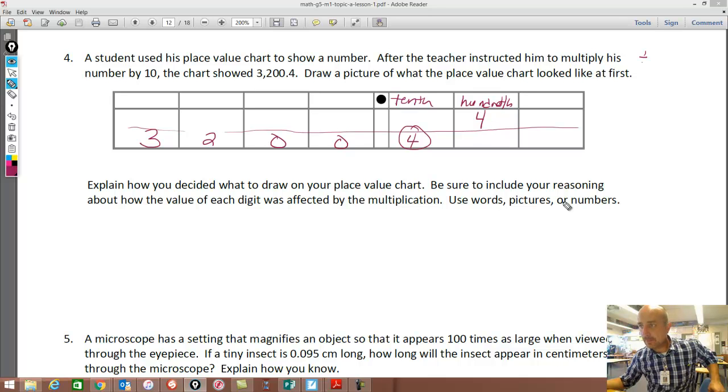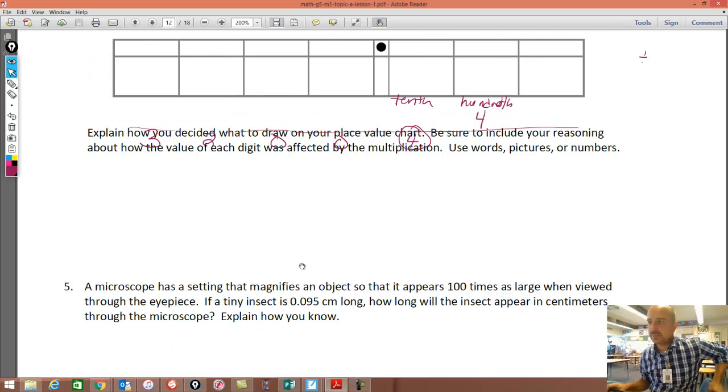How was it affected by the multiplication? Did it get 10 times smaller? Did it get 10 times bigger? I'm trying not to give you all the answers. I want you to think for yourselves, but I also want to make sure you're learning this.